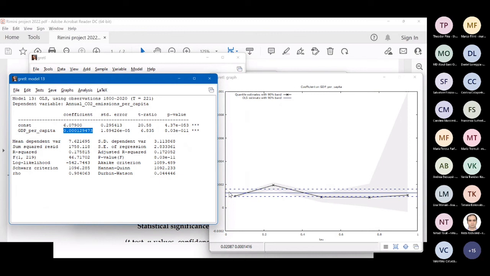So we are comparing OLS, which assumes a symmetric response, the average response, compared to quantile regression, that is basically looking at different segments of the distribution.